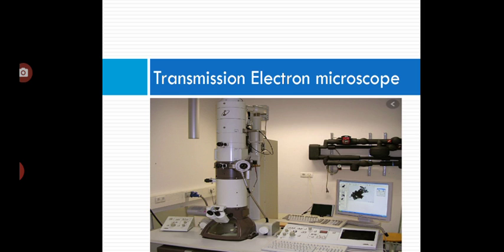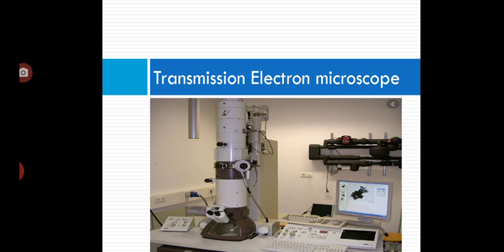Here in this microscope, a high energy beam of electrons is shone through a very thin sample, and the interactions between the electrons and the atoms can be used to observe features such as the crystal structures and features in the structures like dislocations and grain boundaries. Chemical analysis can also be performed.